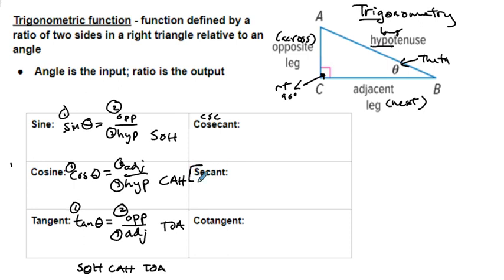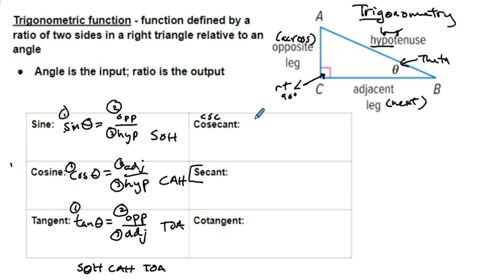I take that back. I always relate secant to cosine. And cotangent's easy because cotangent sounds like tangent, right? You think tangent. So all three of these are reciprocal functions of these, all right?